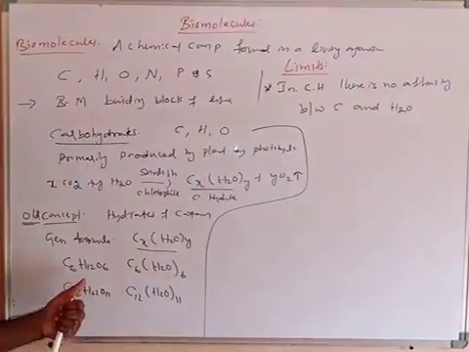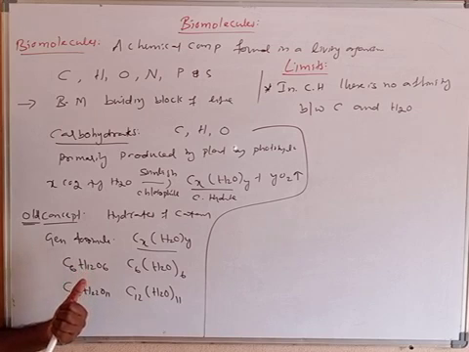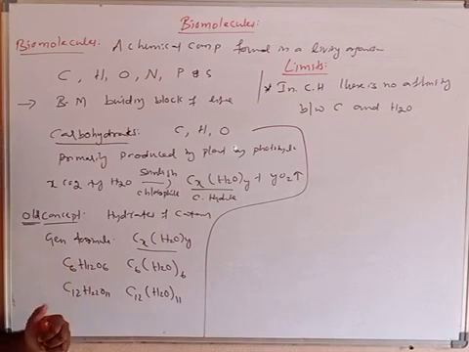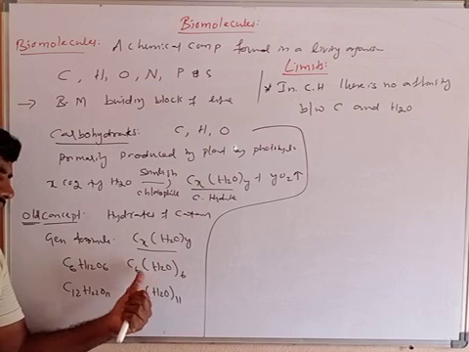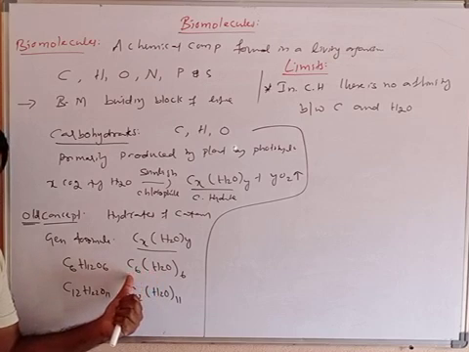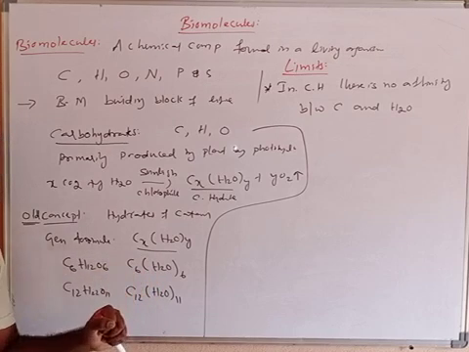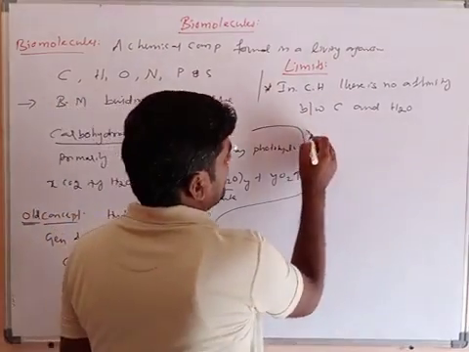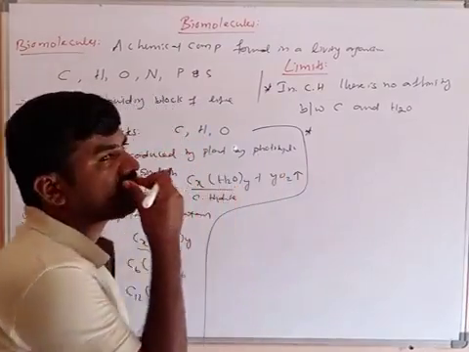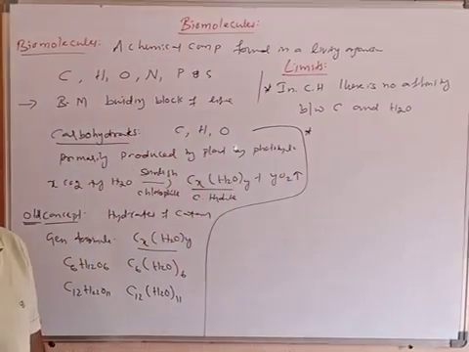In glucose, there is no affinity between carbon and water molecules. But hydrates of carbon means a relationship between water and carbon, an affinity. Actually there is no affinity between carbon and water molecules. This is the first disadvantage of the old concept of carbohydrates.